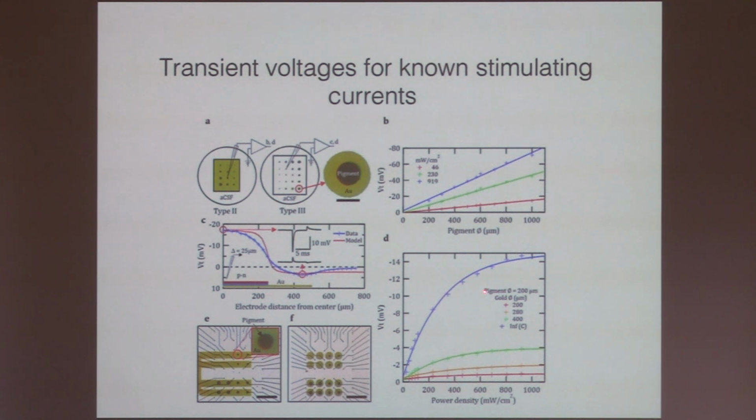We have the same diameter of the pigment pixel, if you want, and then around it we change the size of the electrode film, and this is what you see here. So the bigger the gold electrode, the smaller the load of the system, and the dramatically higher voltages that you can build.